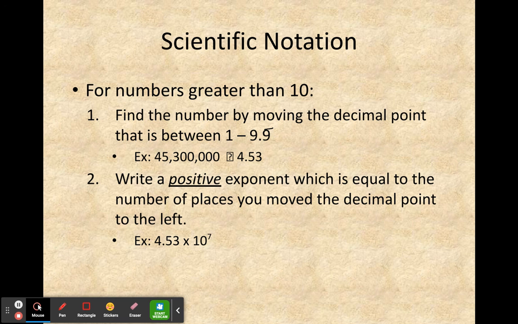That wording is a little weird because it says that you move the decimal point to the left, and technically you did, but the positive number tells you to take 4.53 times 10 to the 7th and move the decimal point which direction? To the right or to the left? Which direction do you need to move it to get to 45,300,000? To the right from 4.53. You have to move it to the right.